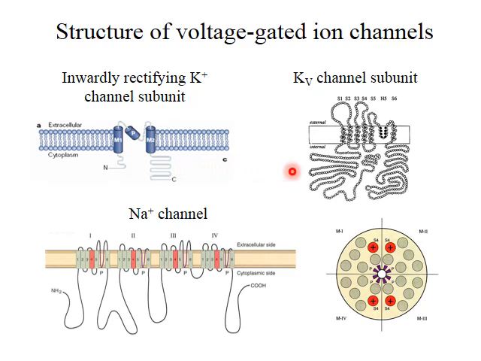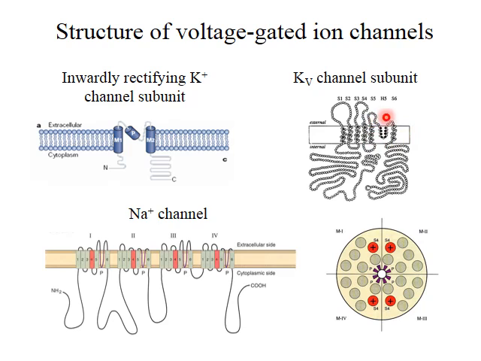A somewhat more complex channel is shown here. This represents the structure of a delayed rectifier potassium channel, and the 2 membrane-spanning domains that were present in the inwardly rectifying channel are still present. These are labeled the S5 and S6, and as you can see, in between them is this beta sheet, which is the pore region. It's a little complicated, but it's called the H5 region in some potassium channels.